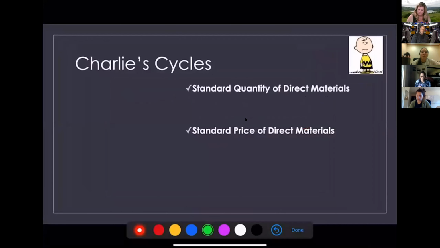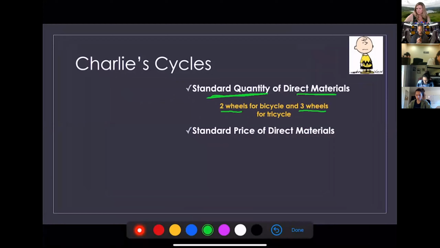All right. And here we are. So with Charlie Cycles, we had a standard quantity, right? The only direct materials that we had were wheels, right? And we needed 2 wheels to create a bicycle, 3 wheels to create a tricycle.